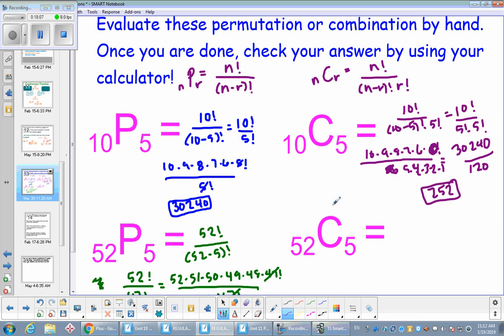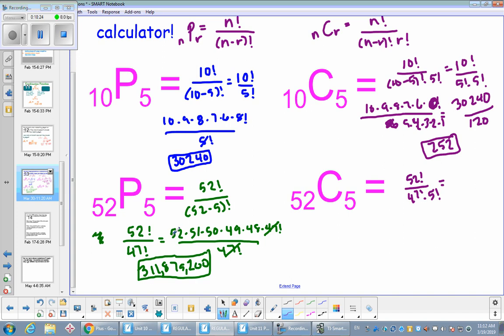Okay. All right, and the last one of this type is going to be 52 factorial over 47 factorial, which is the same as the permutation, but then we have that extra 5 factorial. So if we look over here, it's the same as the permutation, so it's going to be this big number, 311,875,200 over 5, 4, 3, 2, 1, because the 47 is going to cancel, right?